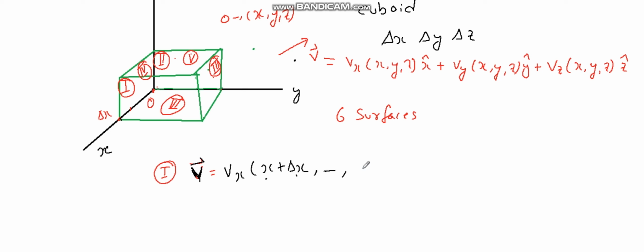So instead of that, we can write y dash and z dash. So y dash will be equal to 0 at this point, z dash equal to 0 at this point, but here y dash and z dash are equal to y plus delta y and z plus delta z, right?